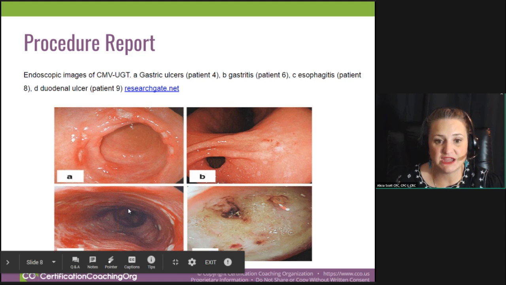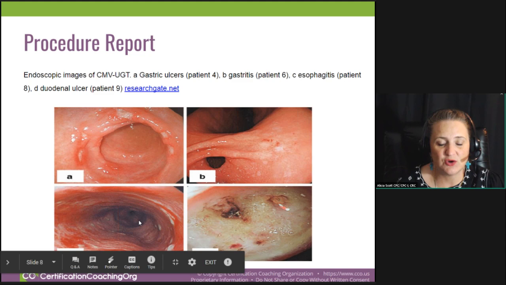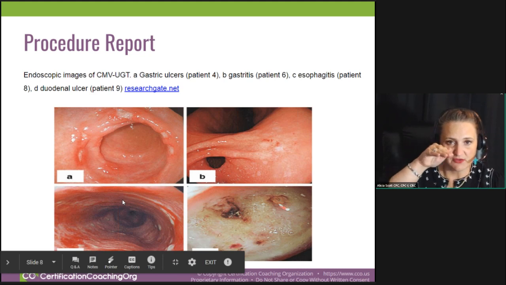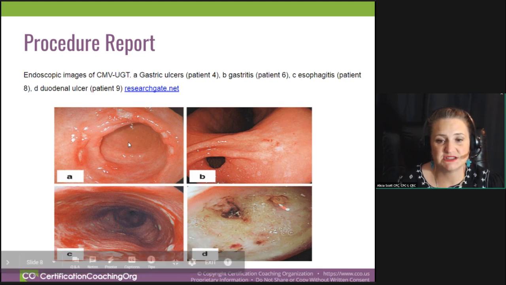Esophagitis is inflammation, and this is the esophagus. And notice how it's shaped different, right? I'm assuming this is the opening into the stomach, right? And then right as you're going down through the esophagus, headed towards the stomach right here. Okay, and this is probably, if this was the same patient, it's not. This is patient 4 and 6 and so on.